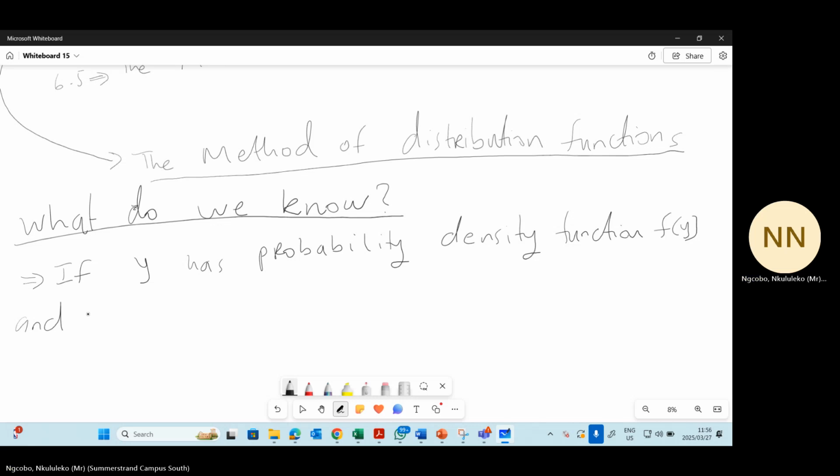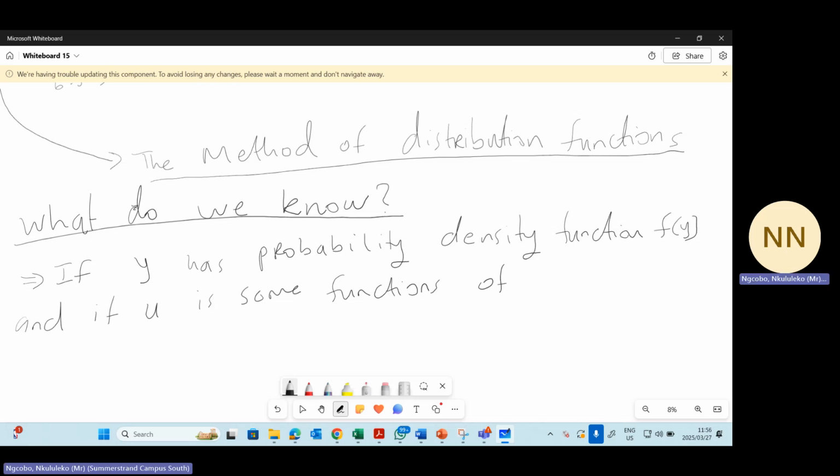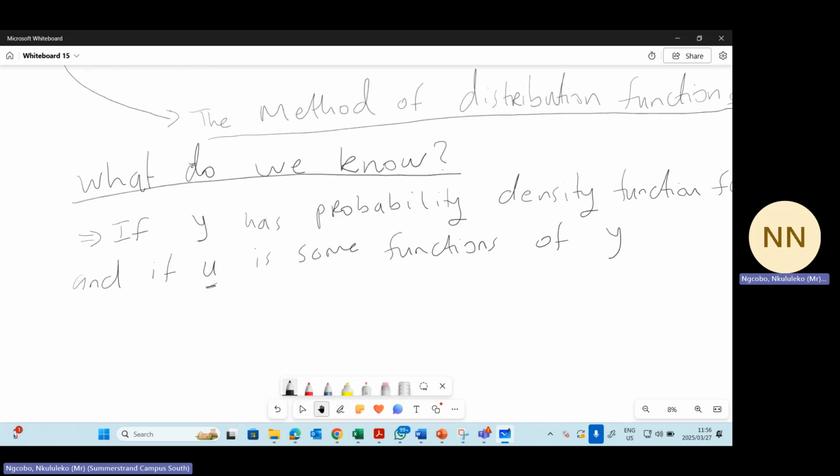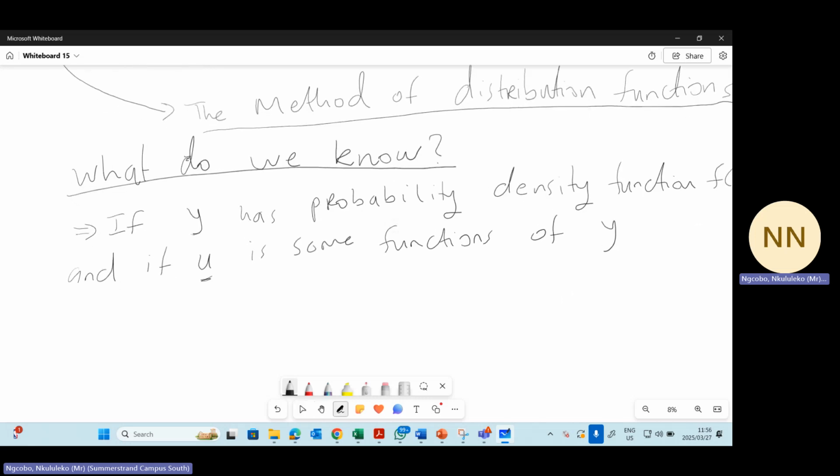And if U is some function of y, you remember that we said U is subjected to these random variables y, right? Okay.